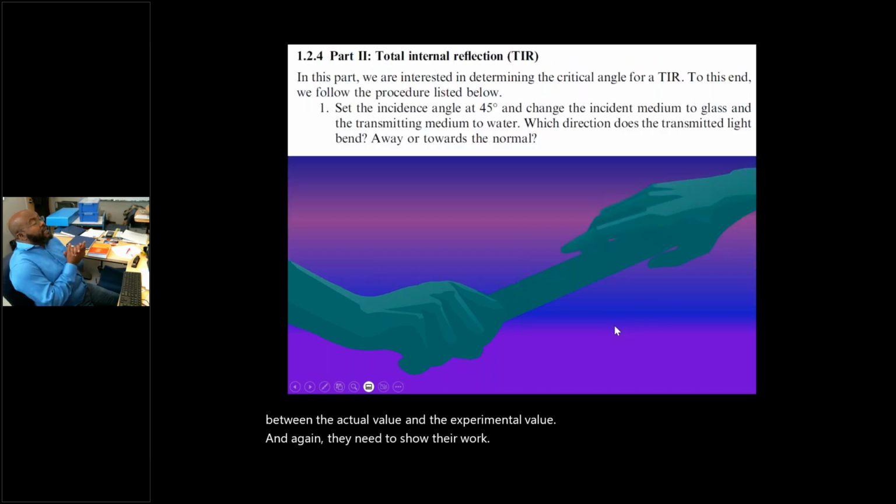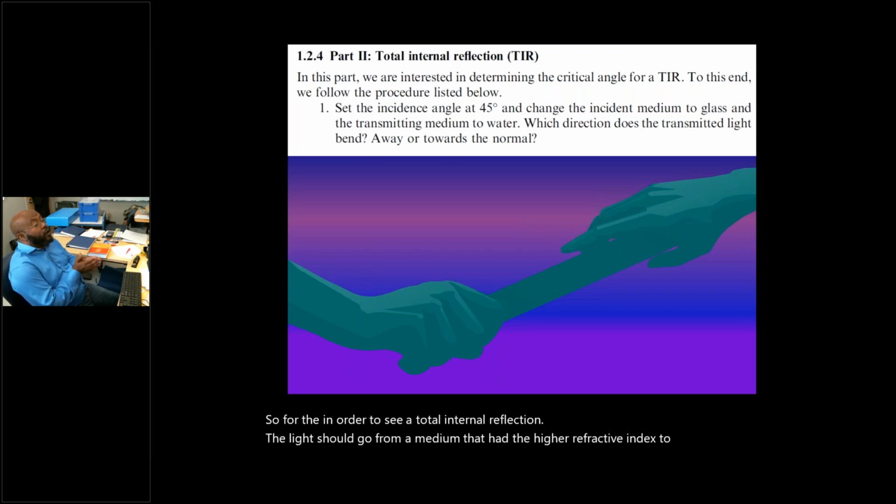So the last part is total internal reflection. In order to see total internal reflection, the light should go from a medium that has a higher refractive index to a medium that has a lower refractive index.